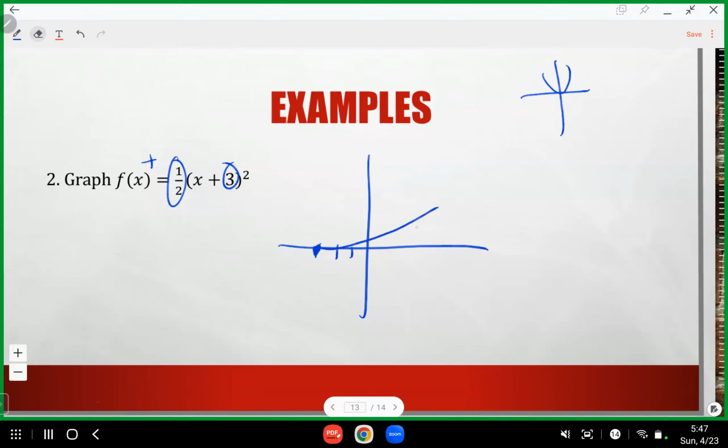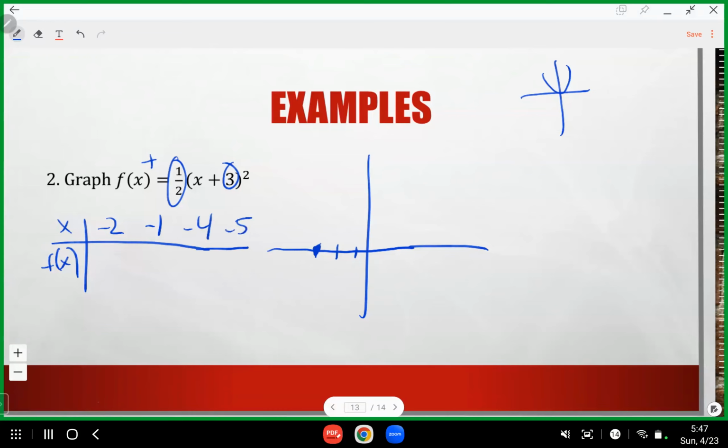So now we want to graph some extra points to see what our graph actually looks like. Let's go with a table of values, x and f of x. So when x is equal to maybe -2 and -1, and then maybe -4, -5. When x is equal to -2, we have 1/2.